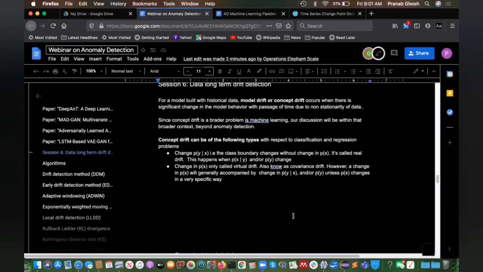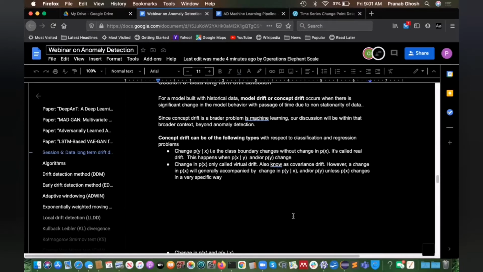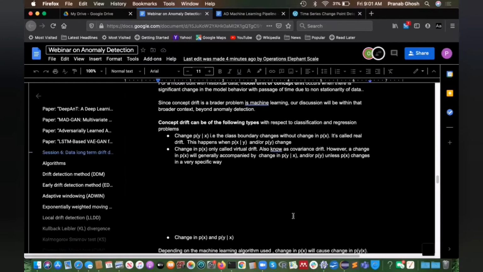So essentially, concept drift happens when there is some change in the data distribution. For example, if it's a supervised learning problem, you have a joint density between X and Y. X is your feature and Y is your output. And when the mass shifts in that joint distribution, it may affect your model behavior.